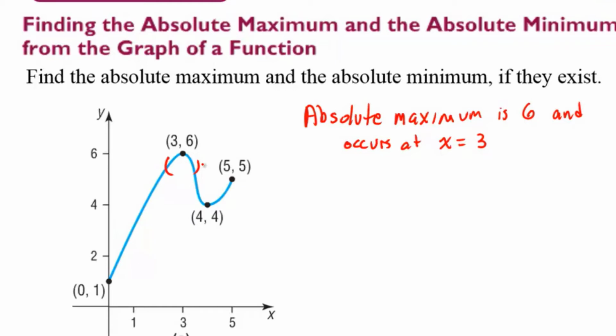What's the absolute minimum? What's the smallest value of the function? It could be less than 4, say if I was over here at 1 comma, what, like 2.5-ish, right? What's the smallest value on this function? 1. So we would say the absolute minimum is 1, and it occurs at x equals 0.